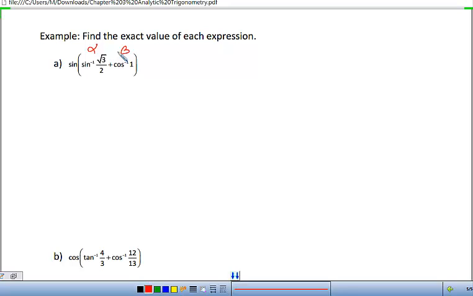So the first thing I'm going to do is write out my formula for the sum of two angles for the sine function. And so we get sine alpha cosine beta plus cosine alpha sine beta.